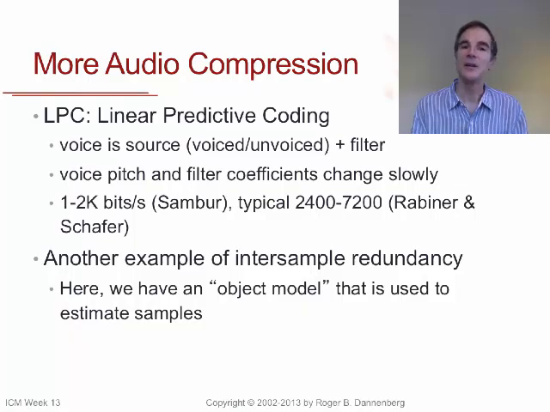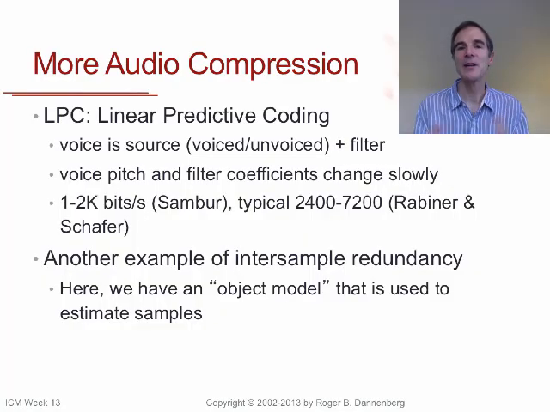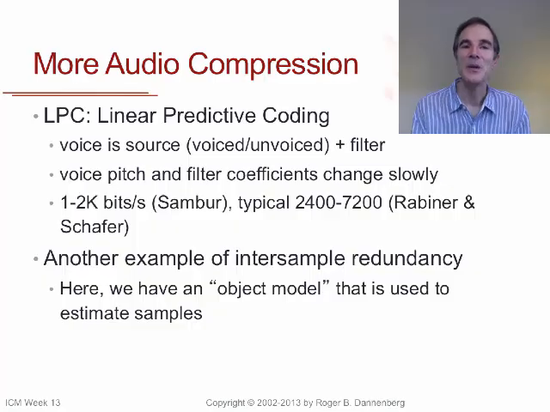And the compression that you can achieve with LPC is, depending on what you want to compare to, you get down to 1 to 2 kilobits per second, according to one author, typically 2,400 to 7,200 bits per second, reported by Rabiner and Schaefer.